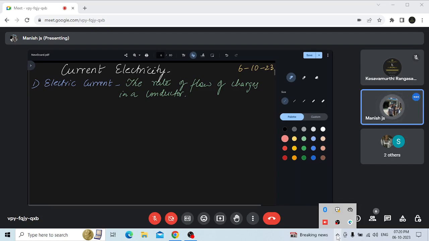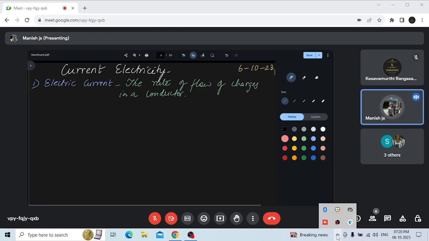What are the types of charges responsible for the flow of electric current? You must be knowing this. Is it a proton? Is it a neutron or electron? An electron. Exactly, it's an electron, right? So the rate of flow of electrons in a conductor would constitute electric current in that particular conductor.